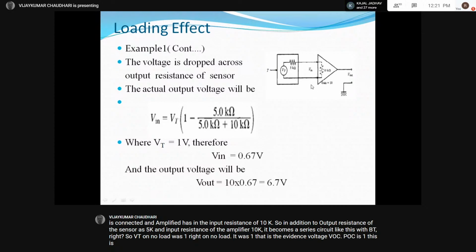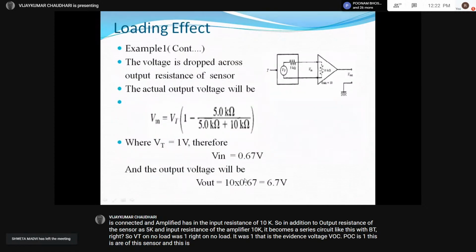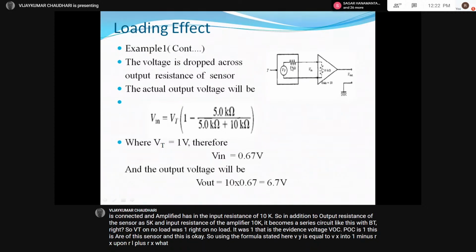Okay. So using the formula stated here, Vy is equal to Vx into 1 minus Rx upon RL plus Rx. What we get here is that the input voltage here is Vt, and the output voltage at this point is into 1 minus 5K, which is the resistance of the sensor, divided by 5K plus 10K, this plus this resistance.